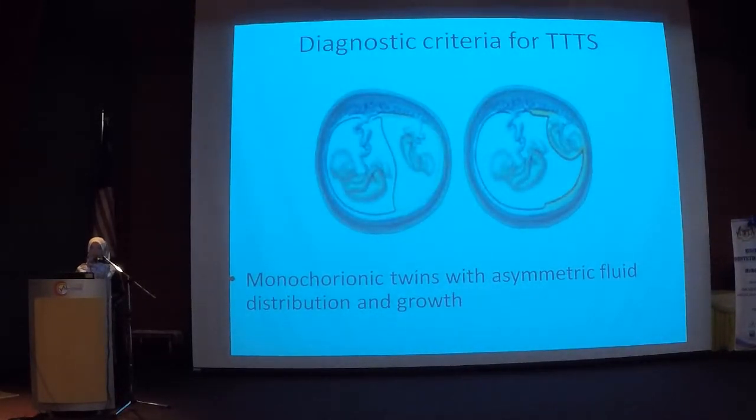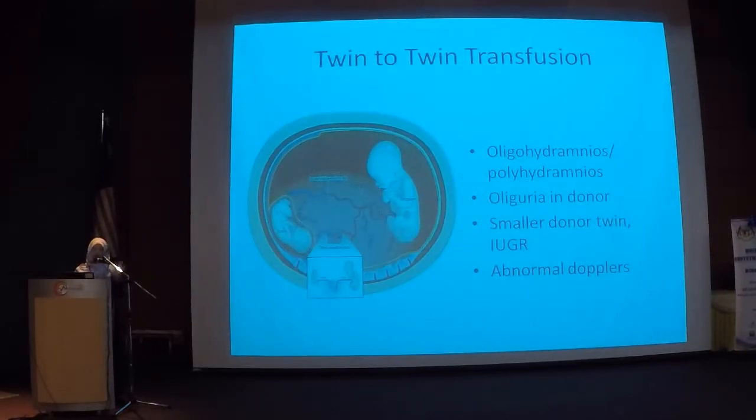Okay, diagnostic criteria for twin-to-twin transfusion syndrome. It's actually asymmetrical fluid distribution and growth in the sacs and the fetuses. So you have to look at whether it is oligohydramnios or polyhydramnios, usually based on the deepest vertical pool. You know that the normal DVP for twins is between 2 and 8.